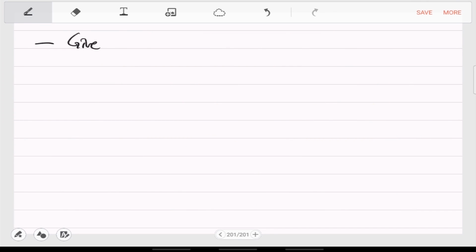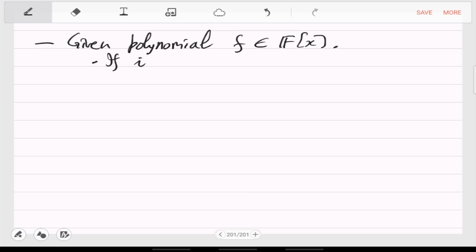Given a polynomial F in the polynomial ring, if F is reducible, then you can write it as G1 times something else.